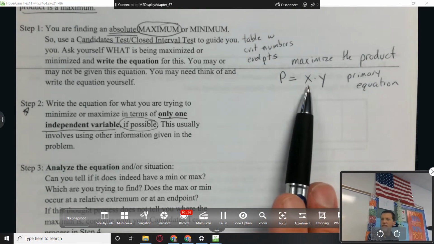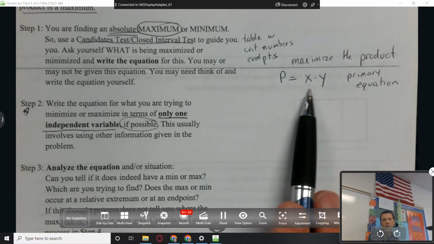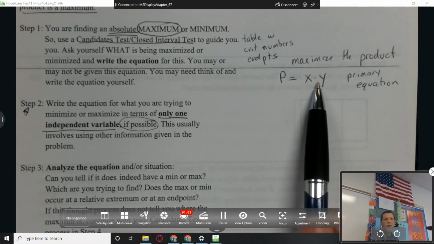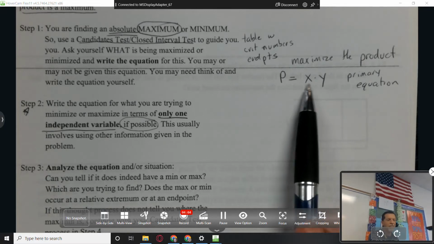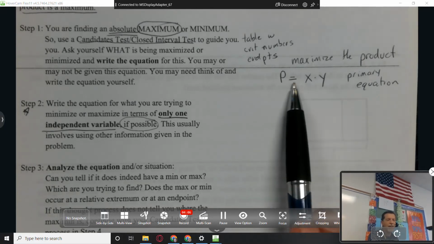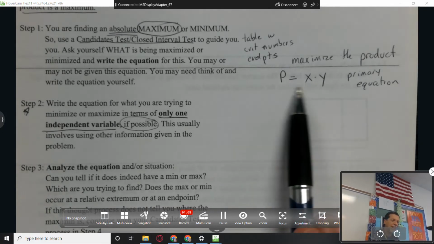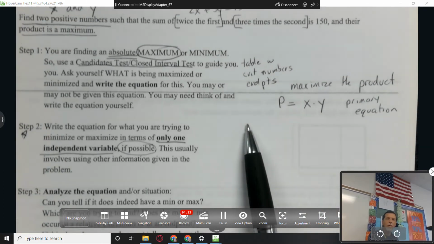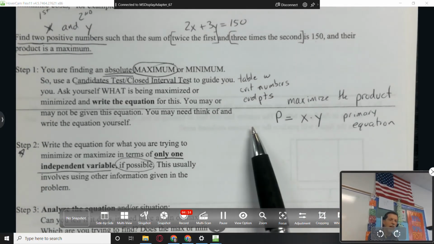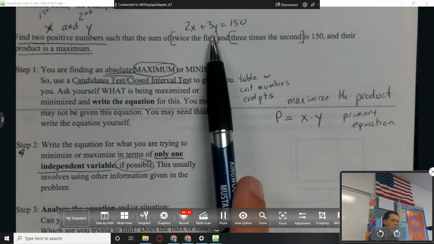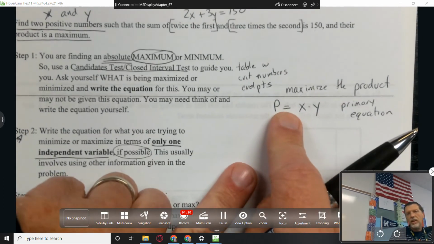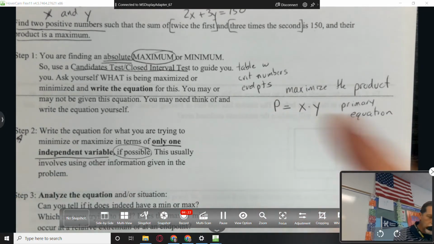But taking a derivative right now, I'd have the product rule, and it's ugly right now. So I want to use that other equation and solve for one of those variables, so that I can change this equation to only have one variable in it.